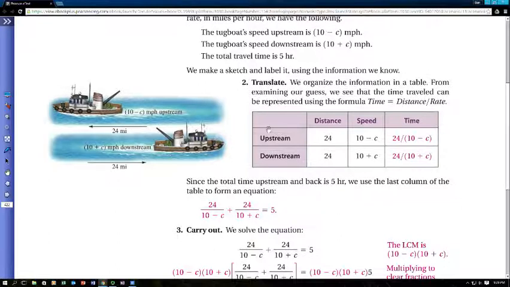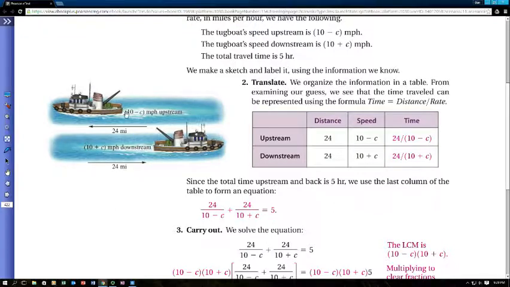takes 5 hours. Now, you don't have to get this elaborate with drawings, but this is a pretty good picture to write. I'd probably draw a line that, hey, I'm going to go 24 miles up and then back 24.